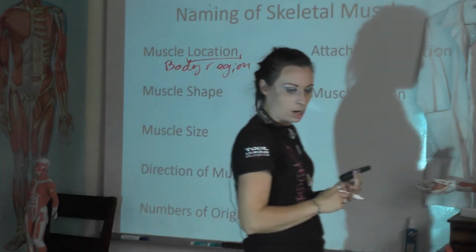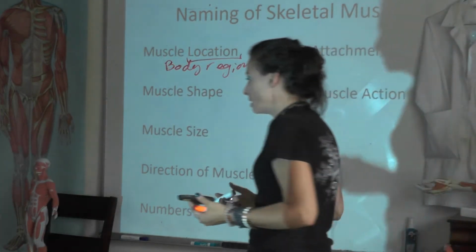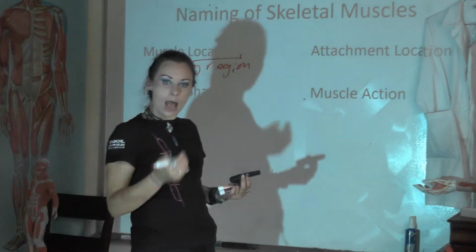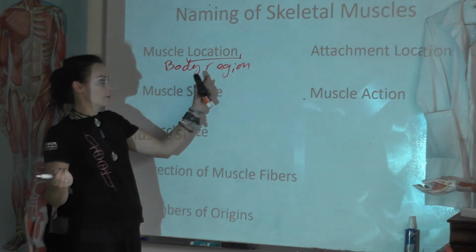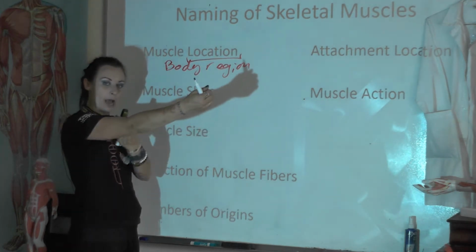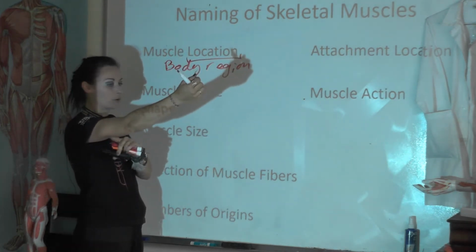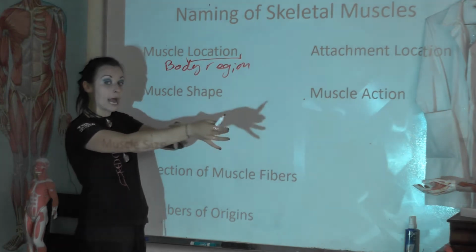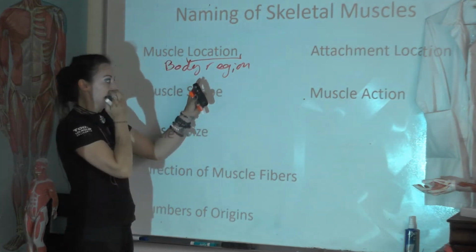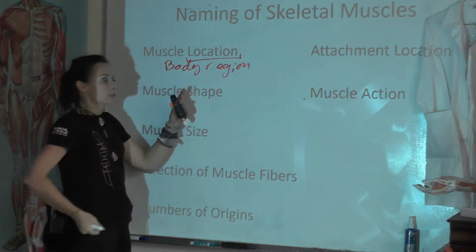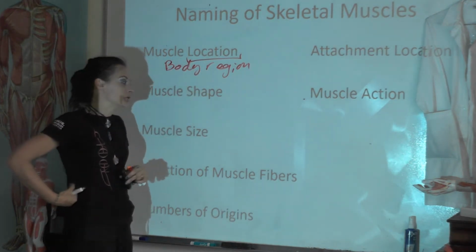So your gluteus maximus that you are probably sitting on right now in your home office is located at the gluteal region. Your biceps brachii and triceps brachii at the brachial region. Your brachioradialis is at the brachial and radial region. So this location is specifically referring to a body region.